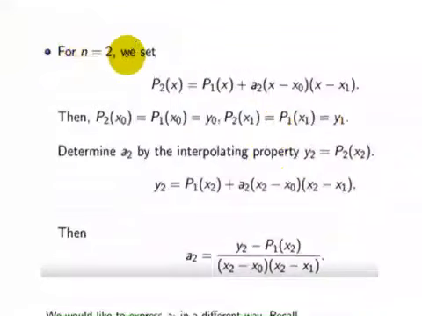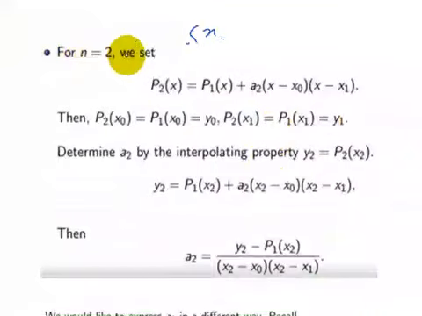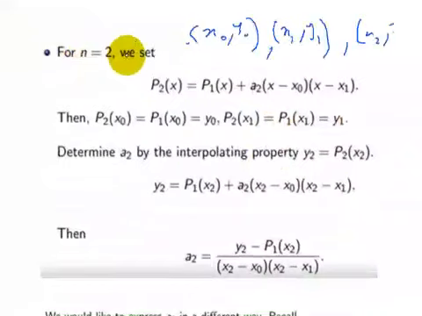That means basically we have three data points, x0 y0, x1 y1, x2 y2. So basically we have three data points.